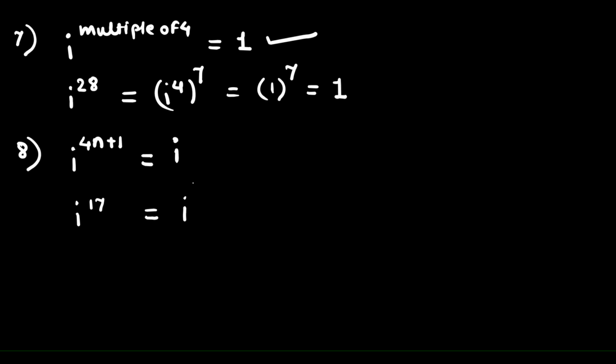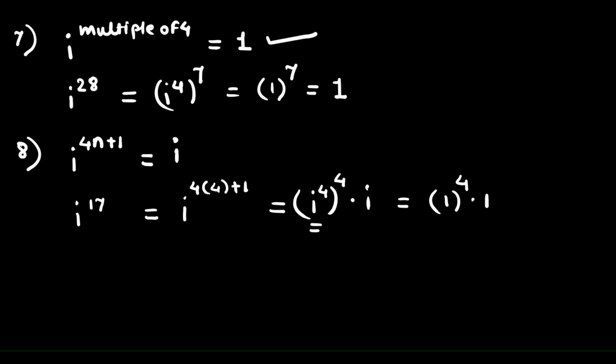That means it is 4 into 4 plus 1. We can write this as i to the power 4 to the power 4, into i. We know i to the power 4 is 1, so it is 1 to the power 4 into i, which is equal to i.